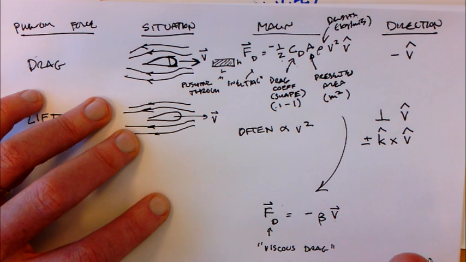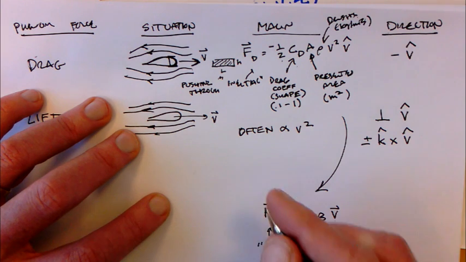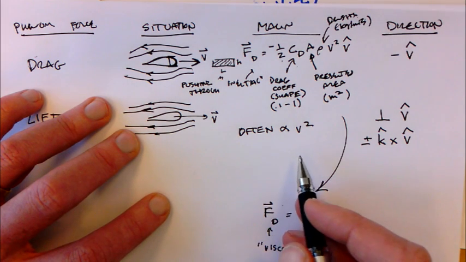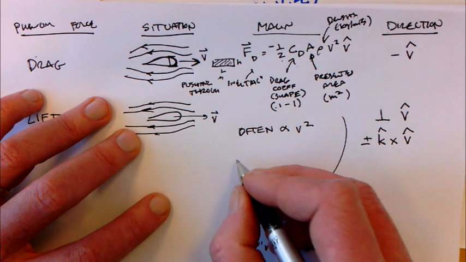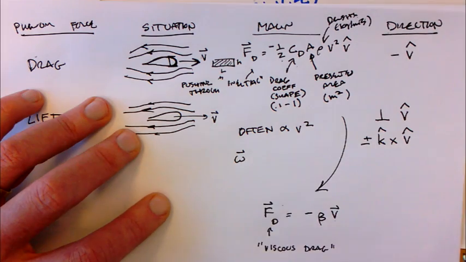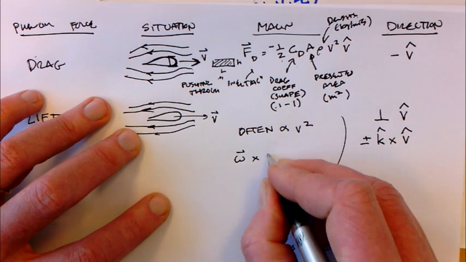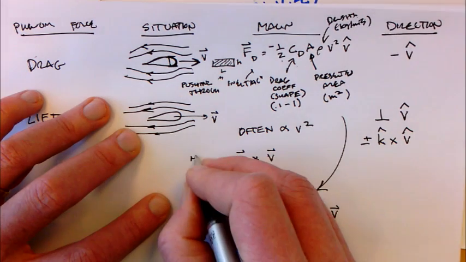But an example of lift would be the Magnus force that you may have encountered back in ModSim. Right? In the case of the Magnus force, that Magnus force depends on how fast the object is spinning, so it's called omega, and also what the velocity of the object is.